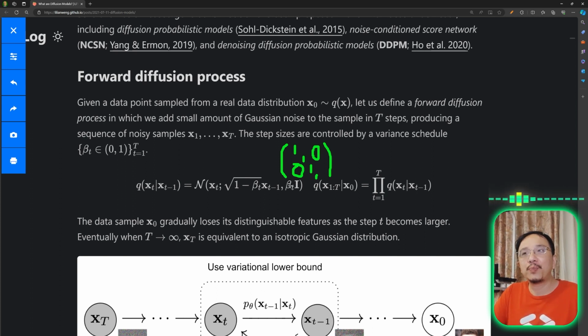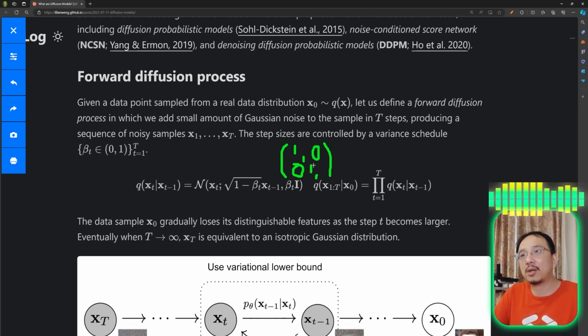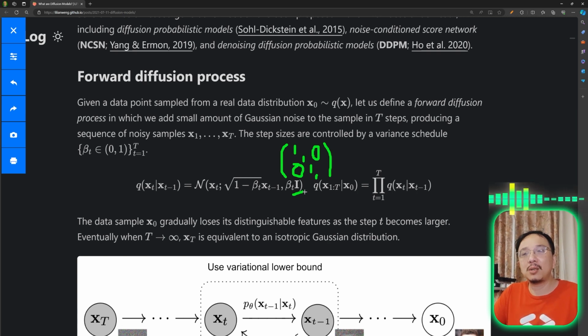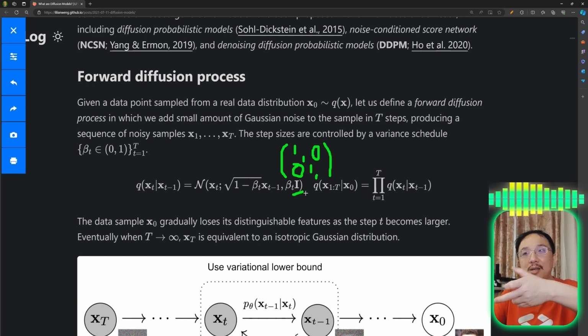However, if the components are independent, then the covariance matrix must be diagonal. So this simply means we don't need to worry about the correlation between the noise added to each pixel. When we add noise to a pixel, we simply add a Gaussian random variable to it and don't care about what we add to other pixels.